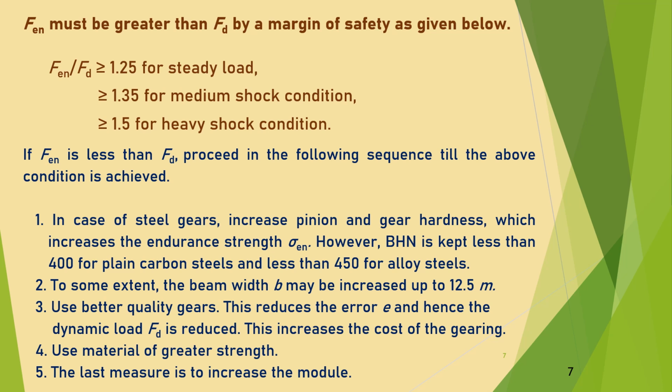However, BHN is kept less than 400 for plain carbon steels and less than 450 for alloy steels. To some extent, the beam width may be increased up to 12.5 module if we have selected a lower value, say 10 module earlier. Use better quality gears.